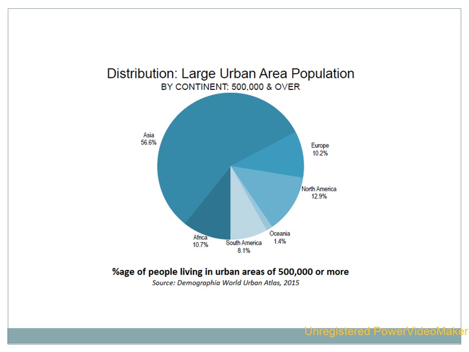Africa consists of 10.7%, South America consists of 8.1%, Europe consists of 10.2%, North America consists of 12.9%, and other parts of the world including Australia, New Zealand, Fiji, etc. consist of 1.4% of population.